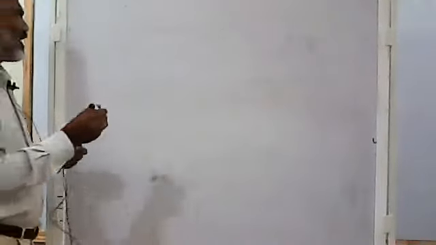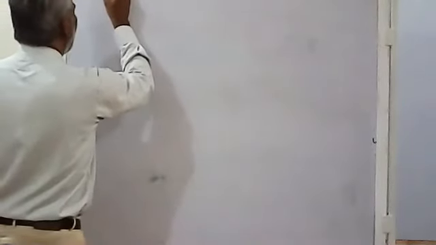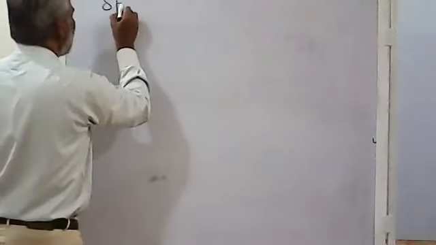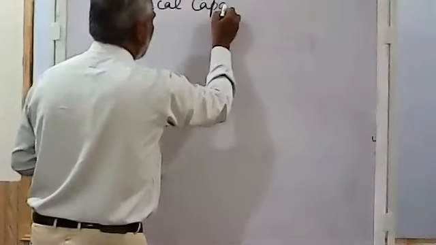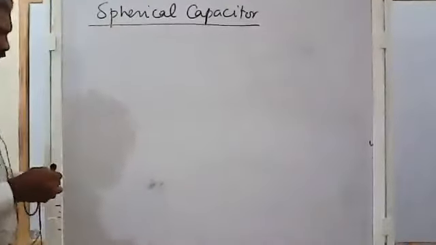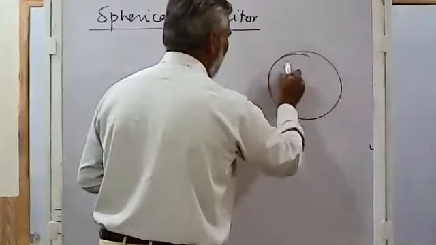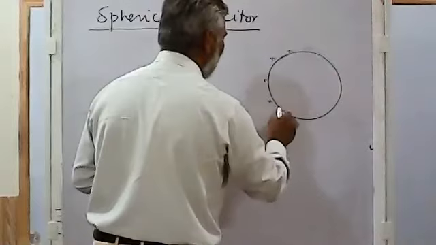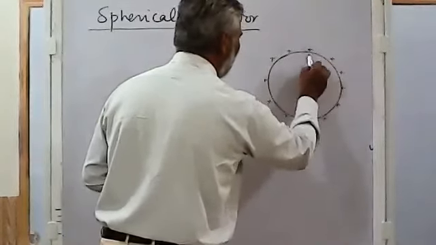One more type of capacitor that we have to discuss is a spherical capacitor. It's the same sphere that you have discussed in the last chapter. A solid conducting sphere which is charged to a certain value.